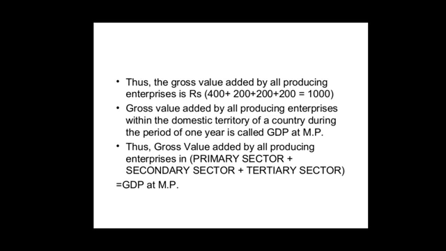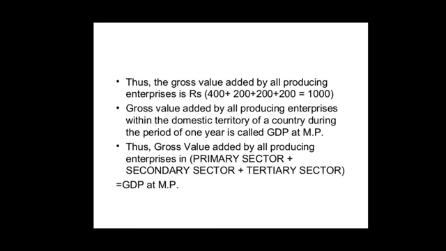Let us now take the economy as a whole. Students, gross domestic product at market price in an economy by using the value added method is equal to the gross value added by all the sectors of the economy. That is gross value added by the primary sector, by secondary sector, and by tertiary sector.